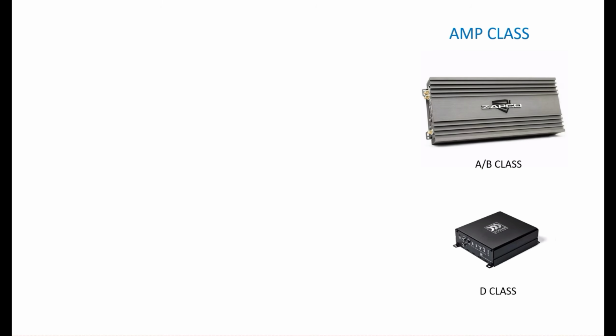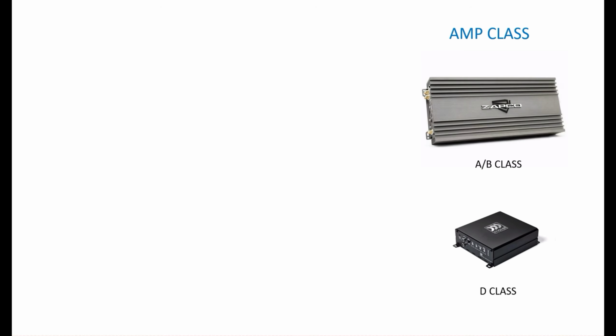Now, you might have heard of the term AB class or D class amplifiers. There are other formats as well, such as G and H class amps, and later we're going to talk about what makes an AB amp or a D class amp, and the pros and cons.